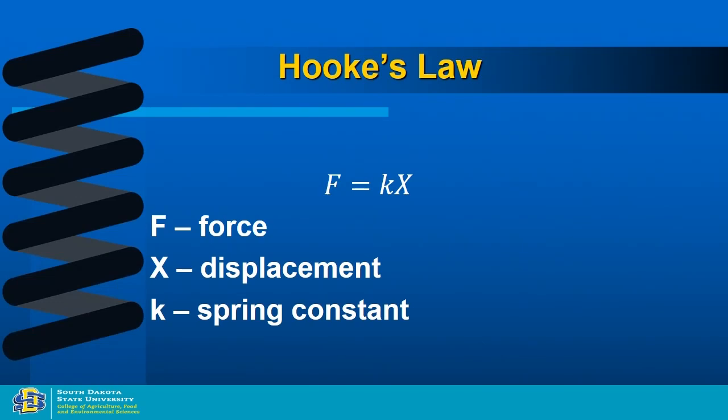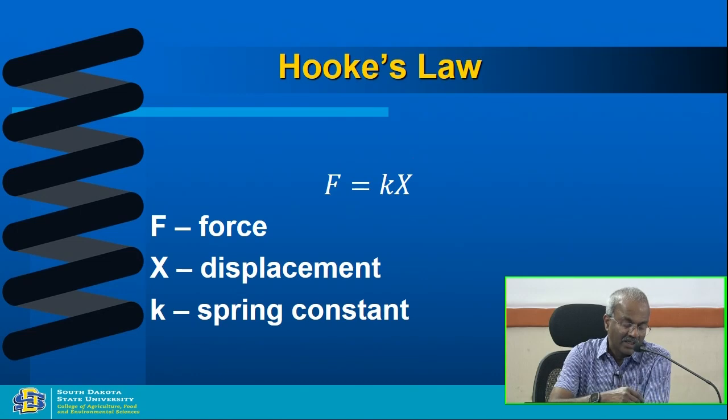Most of the elastic material follow Hooke's law, that is from the law of physics. So force is a function of the displacement or deformation, and depending upon the constant of the spring, you get the constant value there, which is the spring constant, if you assume your material is purely elastic.